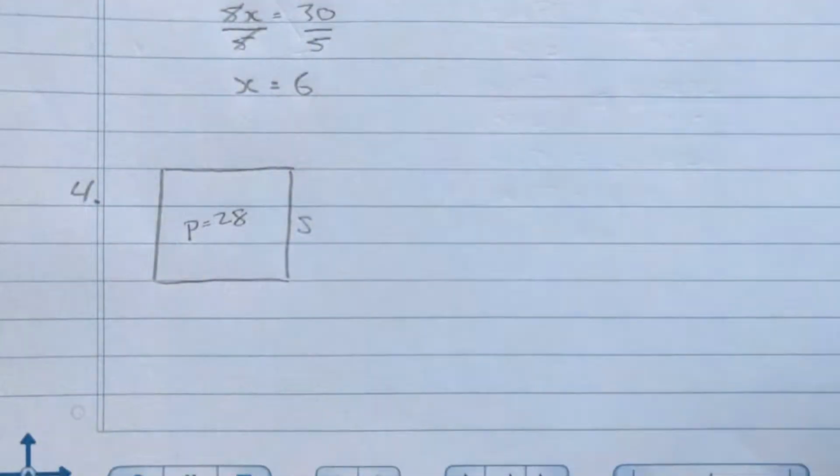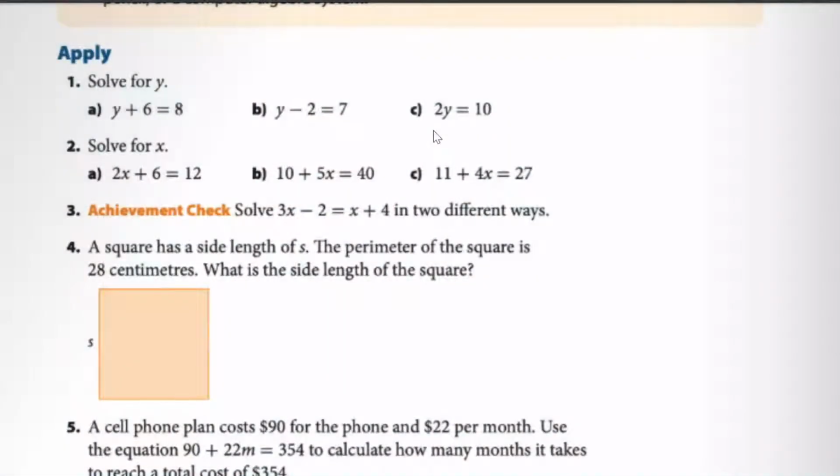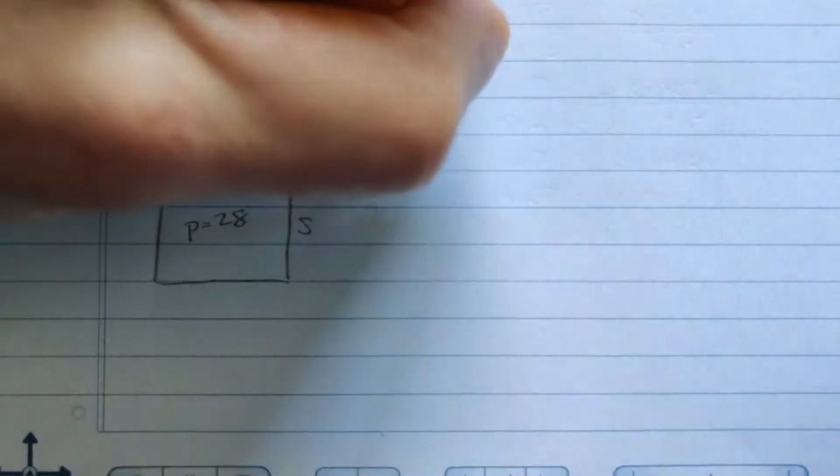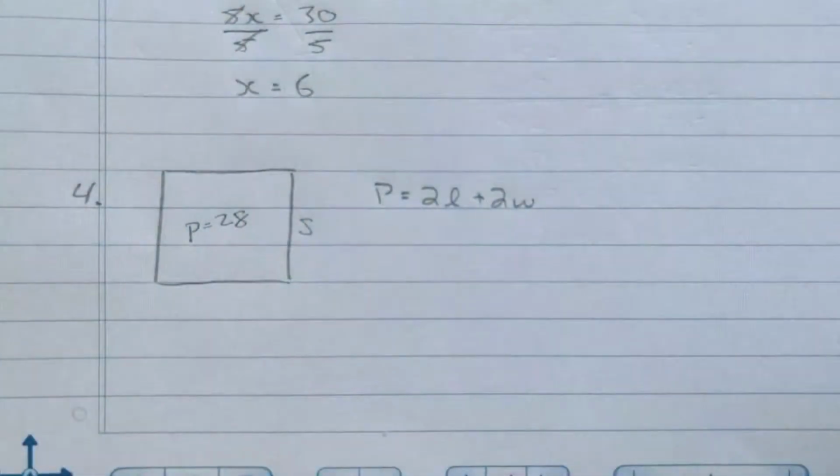In question number 4, what we have is a square with a side length of s. Yes, s. And the perimeter of the square is 28 centimeters. What is the side length of the square? Well, perimeter is 2L plus 2W for our rectangles and squares.